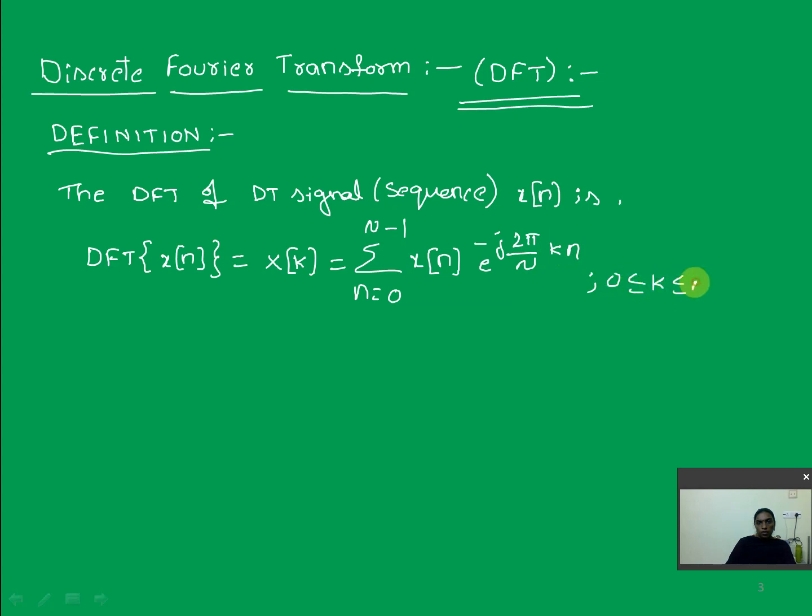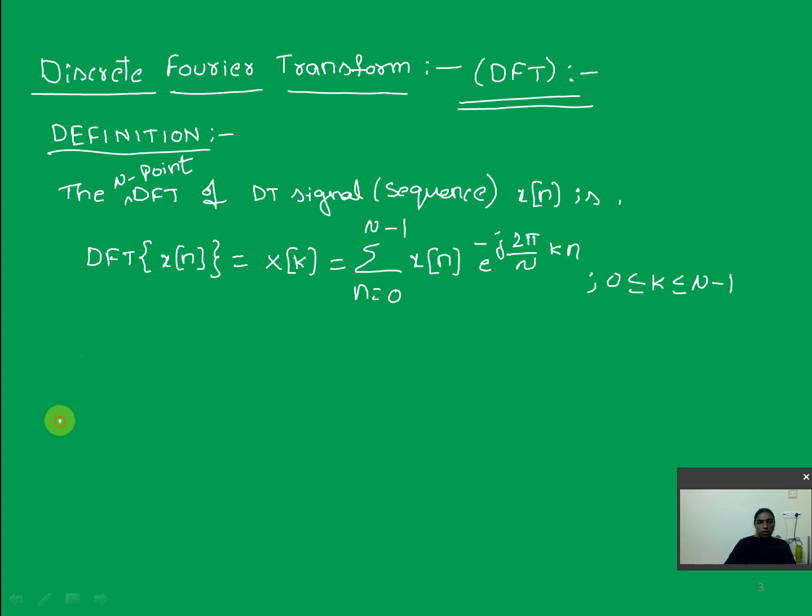Here k ranges between 0 and N minus 1, such that it is also called the N point DFT of the signal or sequence x of n.